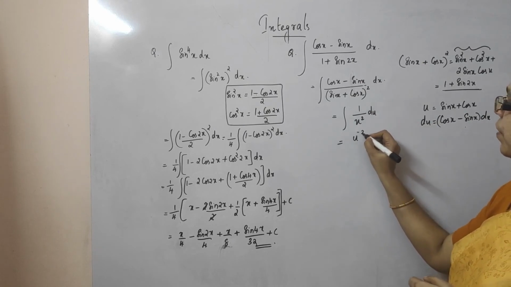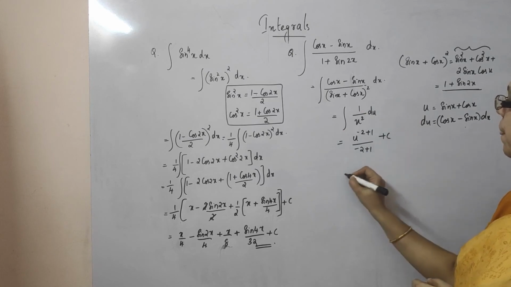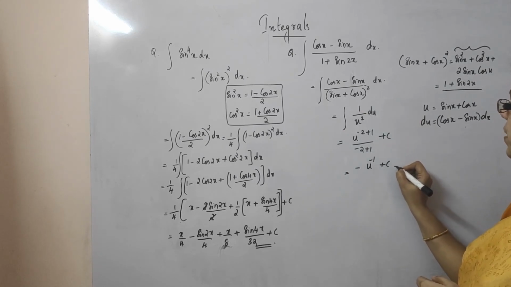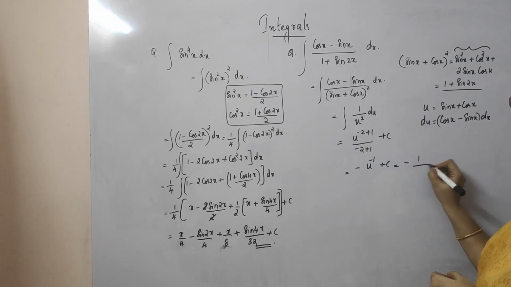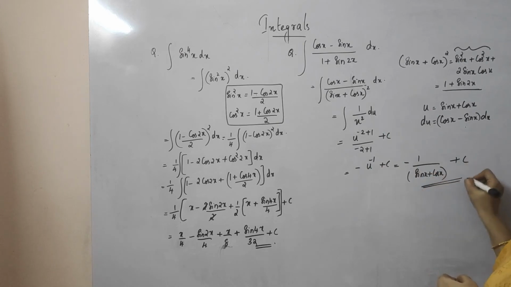That is u raised to the power of minus 2 plus 1 by minus 2 plus 1 plus c. That is minus of u raised to the power of minus 1 plus c. What is that? Minus of 1 by sine x plus cos x plus c. So, that is going to be the answer.